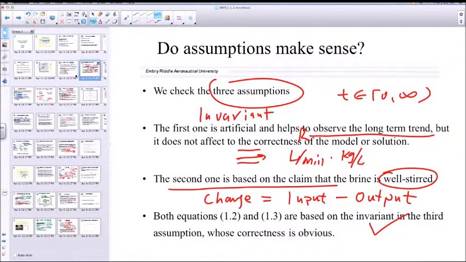And then you cancel out the liters, and what you are left with is kilograms per minute. That justifies your unit of dx/dt, which is kilograms per minute. And the input and output are the same. That is important for your validation.